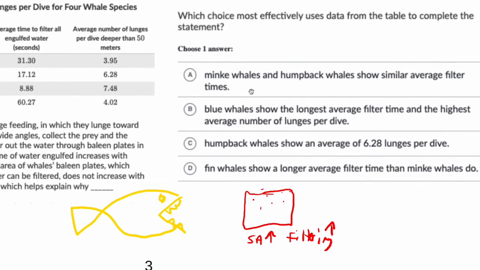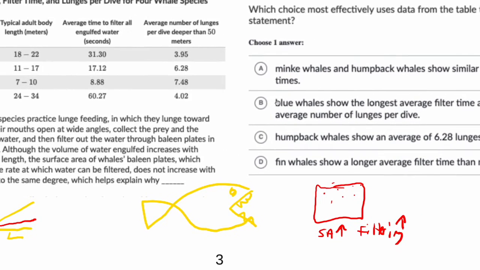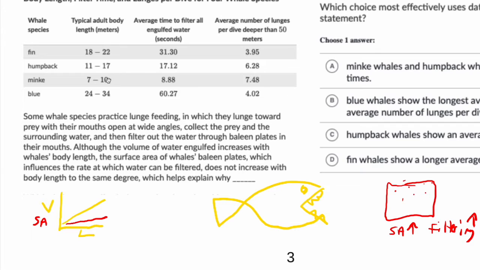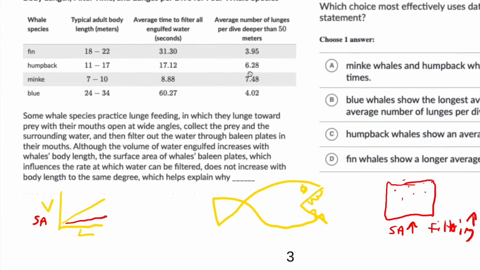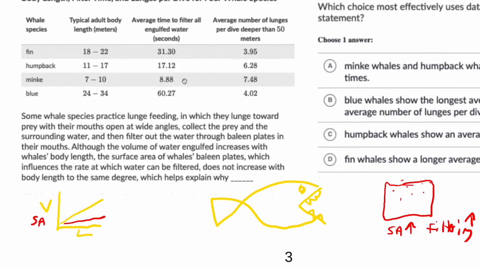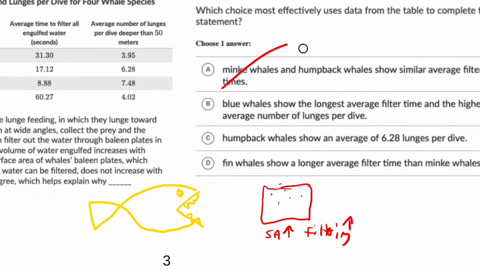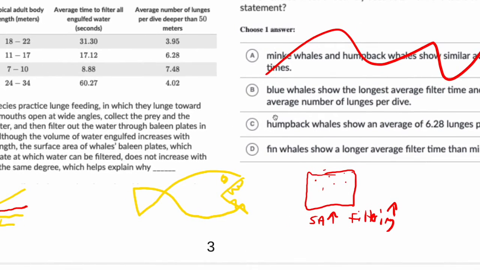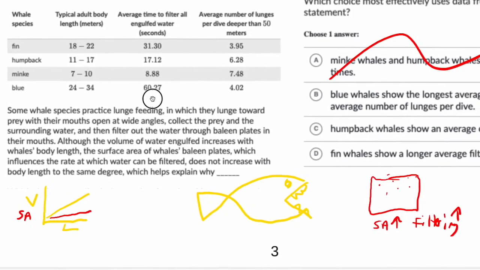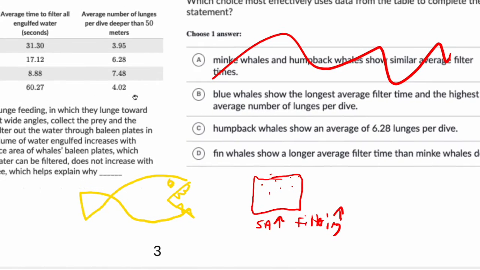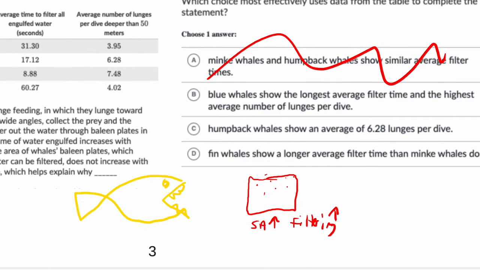Minke whales and humpback whales show similar average filter times. That's just not correct. One is double that of the other, so I wouldn't call that similar. Blue whales show the longest average filter time. That's correct. And the highest average number of lunges per dive. That's not correct.